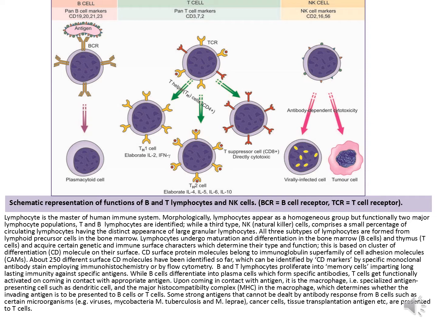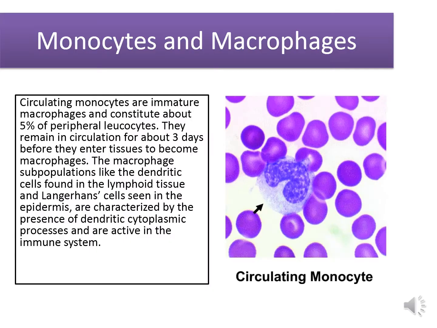Some strong antigens that cannot be dealt with by antibody response from B cells, such as certain microorganisms like viruses, mycobacteria, tuberculosis, and also cancer cells and tissue transplantation antigens, are presented to T cells.